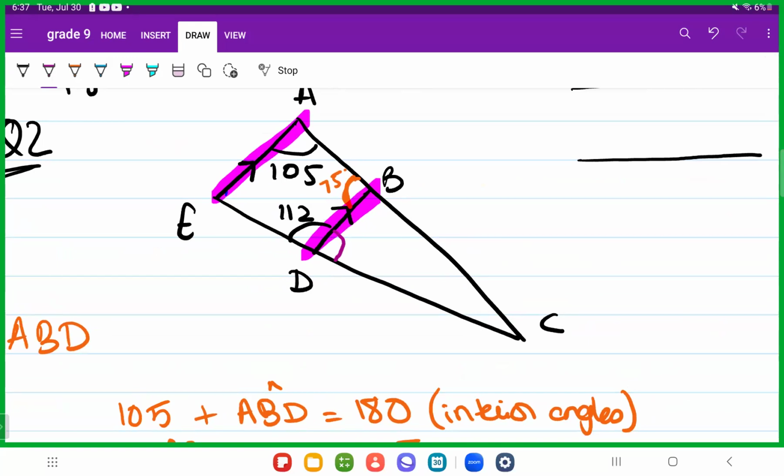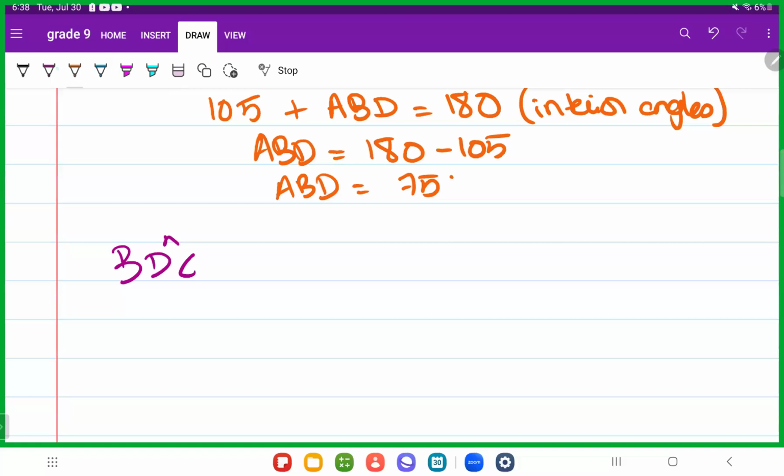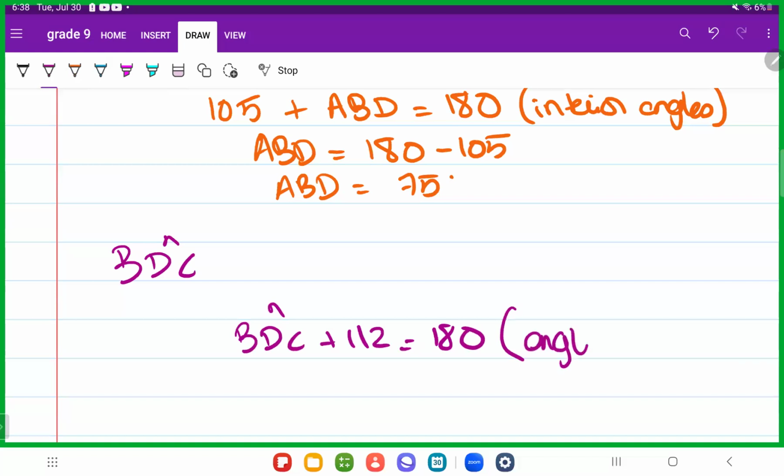68. I don't want you to give me the answer. I want you to tell me the reason. Because it's on a straight line, so I did 180 minus 112. I want you to tell me the entire working whenever I ask. So BDC plus 112 is equal to 180, and in the bracket you write down angles on a straight line.